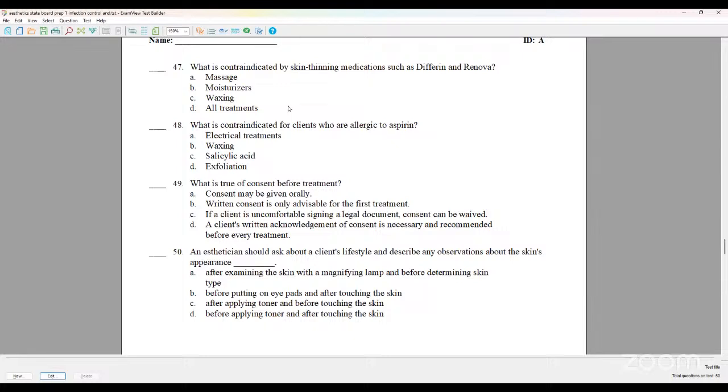48. What is contraindicated for clients who are allergic to aspirin? Is it electrical treatment, waxing, salicylic acid, or exfoliation? Allergic to aspirin, it is going to be salicylic acid, because of active ingredients in them both.